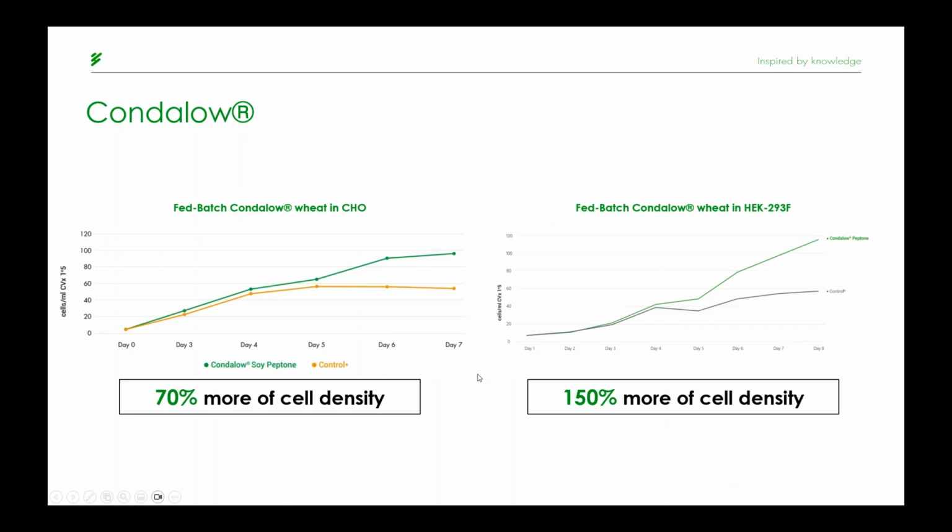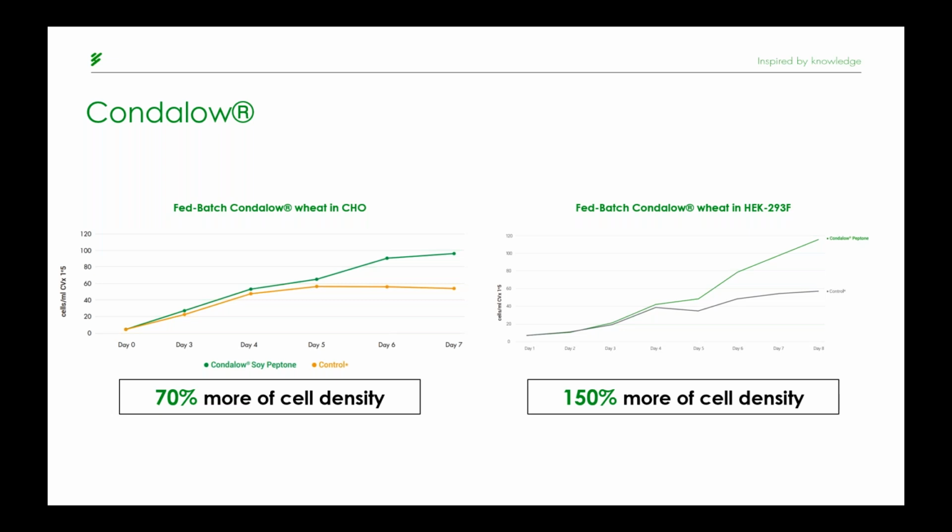This peptone was also tested in CHO and HEK cell lines, and we saw that it stimulates over 70% more density in CHO cells, but in HEK it has an especially good effect.